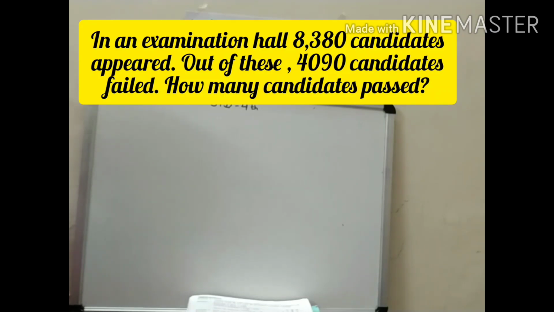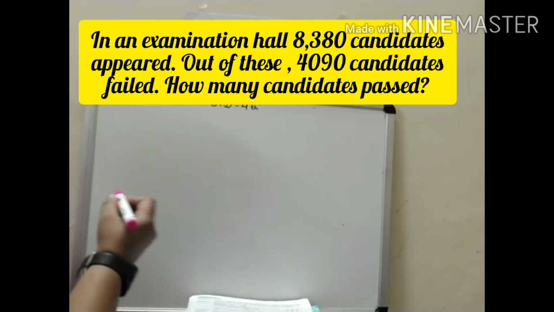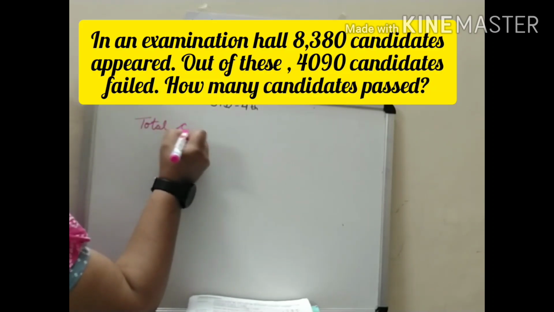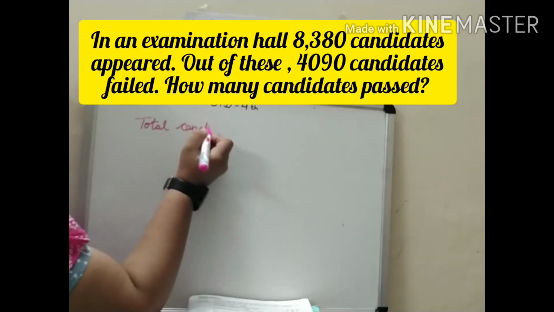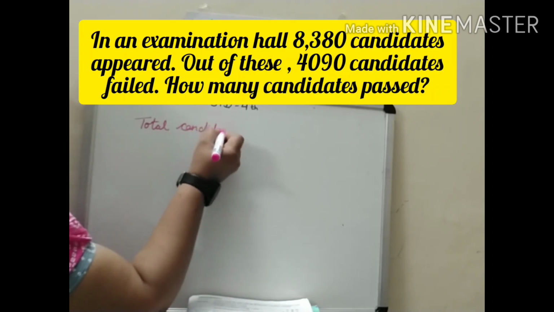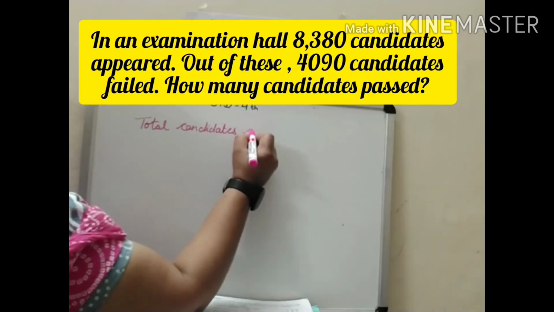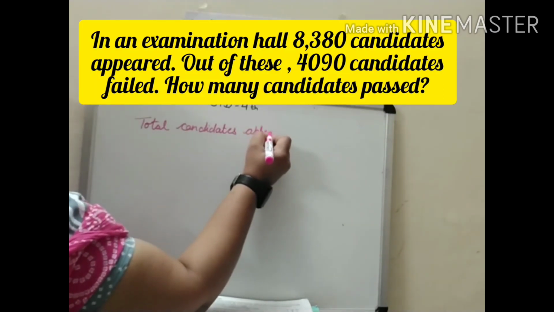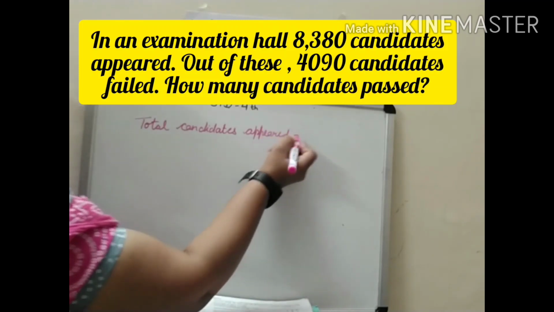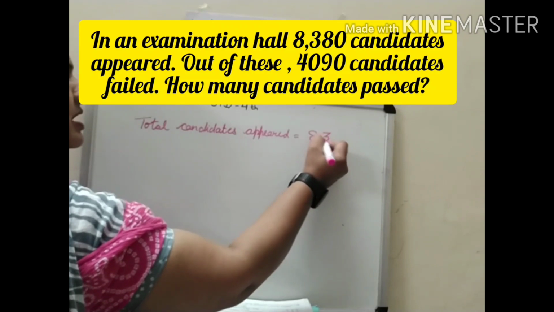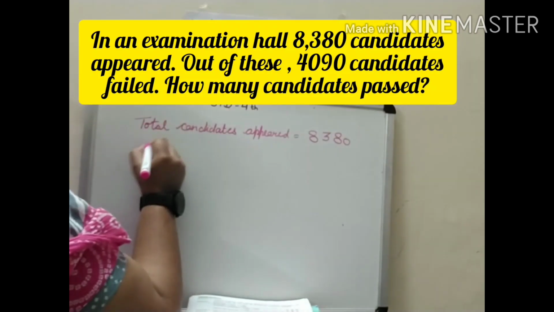And the statement is simple, you can write total candidates appeared. Children, you can write the statement in any form, I told you earlier also, but the only thing is that the sentence should be clear. Total candidates appeared, that is 8,380.